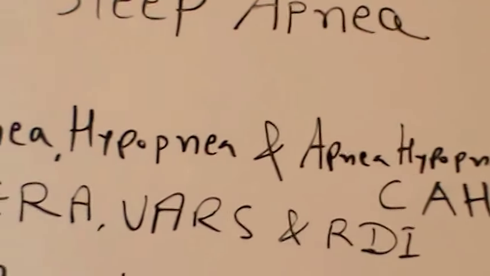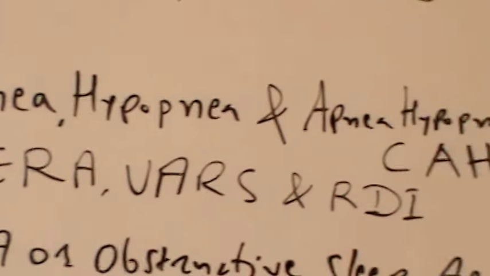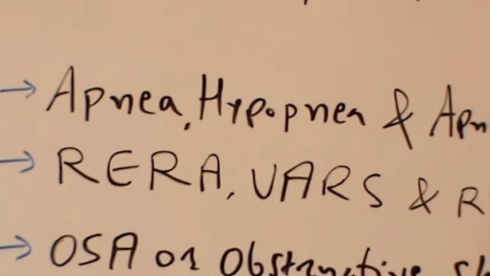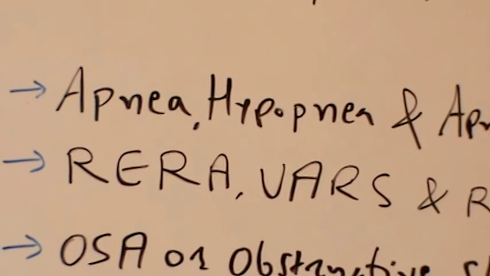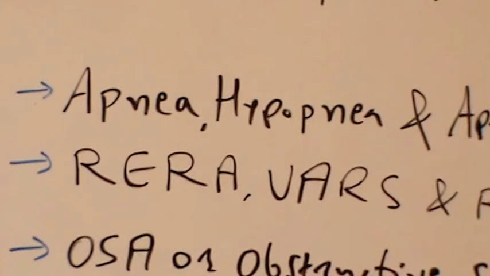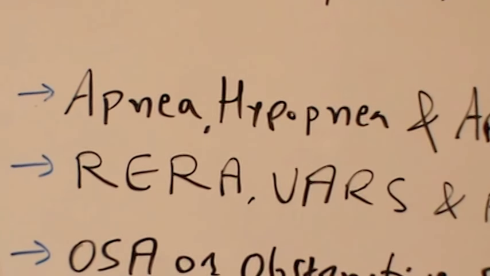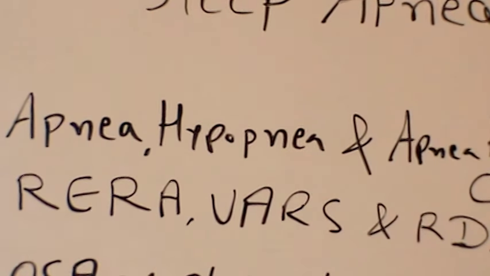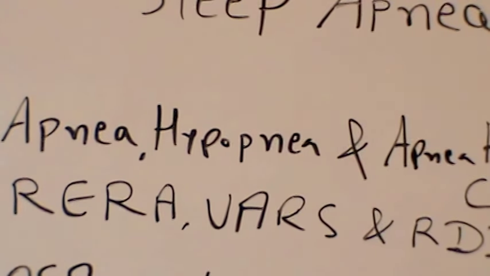Let's define these terms apnea, hypopnea and apnea hypopnea index or AHI. Apnea episode during sleep is the cessation of airflow for at least 10 seconds. Hypopnea is a reduction in airflow lasting at least 10 seconds and associated with a 3 to 4% decrease in oxygen saturation despite inspiratory effort.